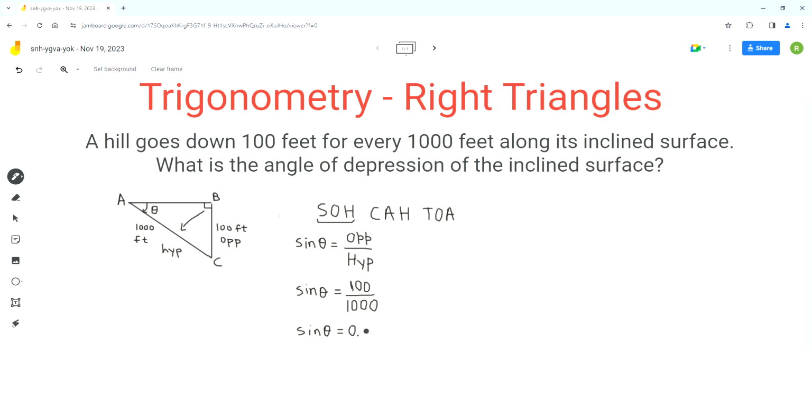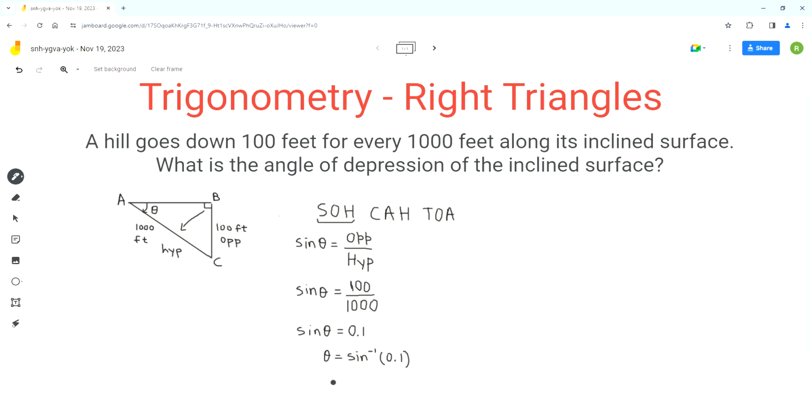Now in order to find the angle value, we'll have to use the inverse of sine to isolate theta on the left side of the equation. So the step is theta equals sine to the power of negative 1, and then parentheses, 0.1.